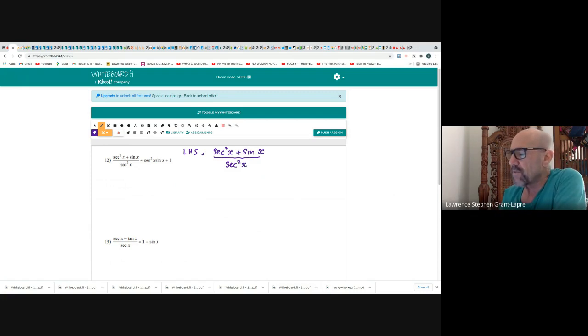There's no fractions in the right-hand side. So I'm going to change sec squared x into 1 over cos squared x. That's what sec squared x equals. I'm going to leave that as sine x. And here we've got 1 over, again, cos squared x.